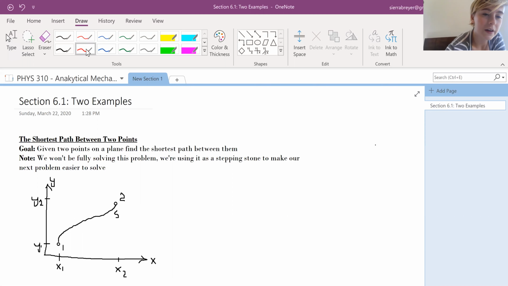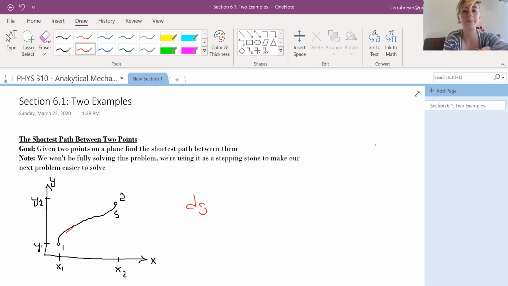So what we're going to do is, along this path, we're going to pretend that for short segments, it acts as a straight line on the path. With this, we're going to call that line ds.